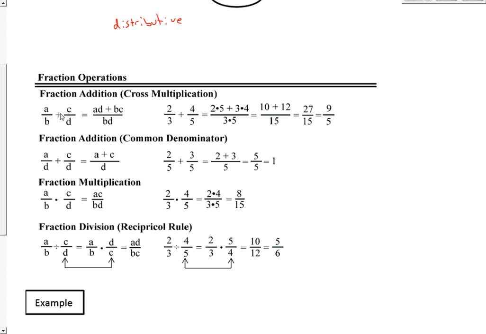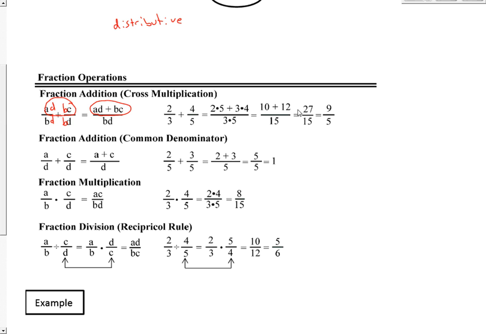So if we have A over B plus C over D, we would have to use both of these denominators to get a common denominator of B times D. If I'm going to multiply the denominator by D, I also need to multiply the top by D, and that's how you get A times D. For the second fraction, I need to multiply the denominator D by B, so I put B down there with the D, but I also have to affect the numerator and get B times C. When we combine these on the top, I have A times D plus B times C, and my denominator is now B times D.